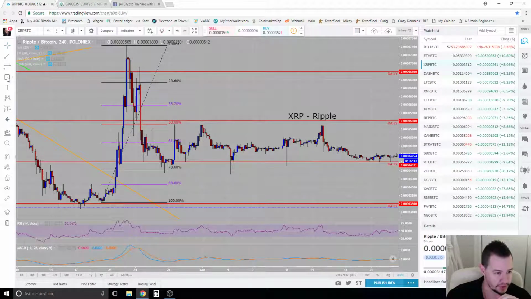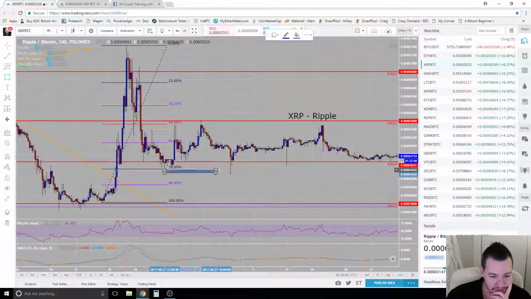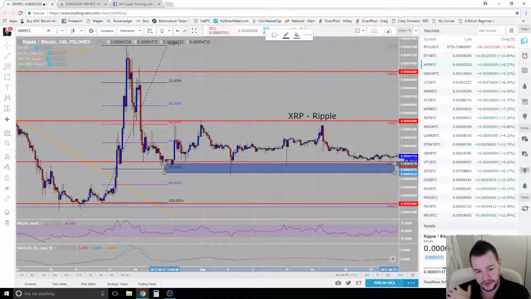Okay, so what we'd do is this is Ripple, for example. This is after our most recent high, so I would then draw a box from the bottom, okay, up to the candle, and then just drag it. Basically, just drag it along to the right hand side of your screen.